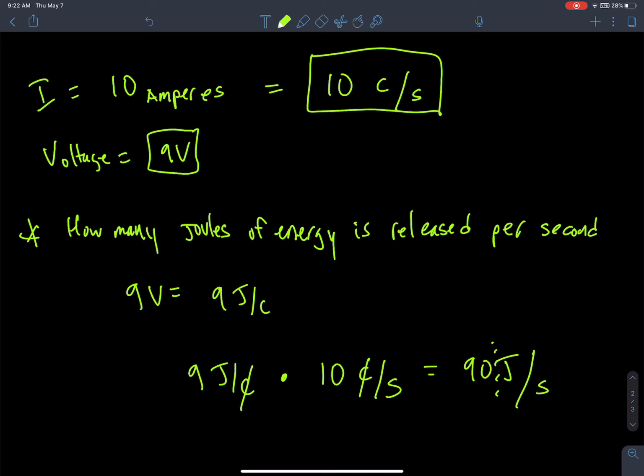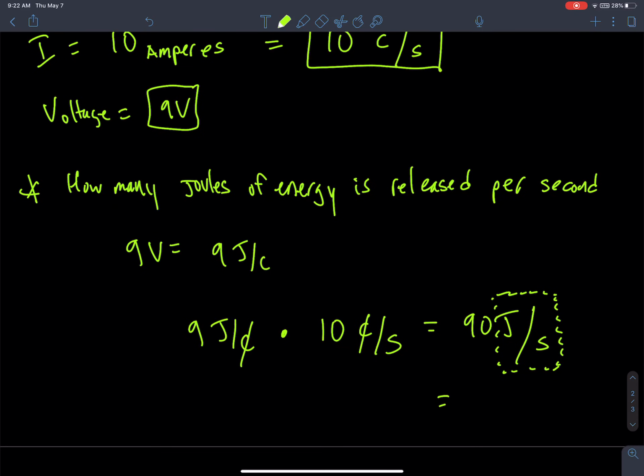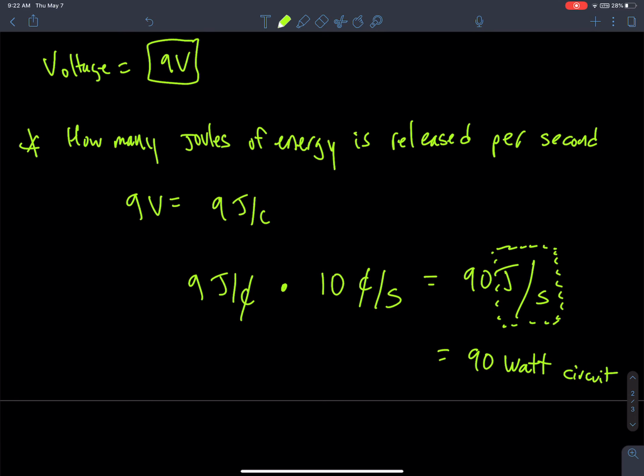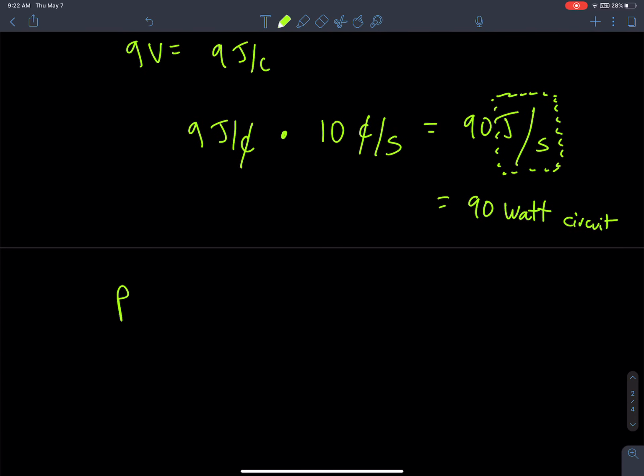Do you guys remember what joules per second means? That's the rate of energy. That's power, okay? So in that circuit, I have created a 90 watt circuit. That should remind you of things when you look at electricity, we think about how many watts something has. So we just discovered a new formula: power is equal to the current in a circuit times the voltage in a circuit.